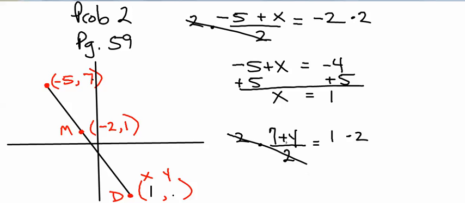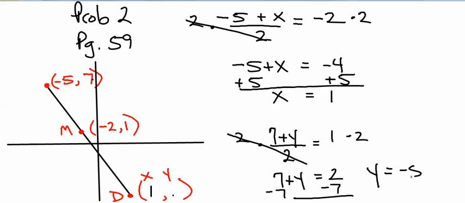The 2's cancel. So 7 plus Y equals 2. And subtract 7. So Y is going to equal -5. So the Y value at your other endpoint is -5. Is that clear?